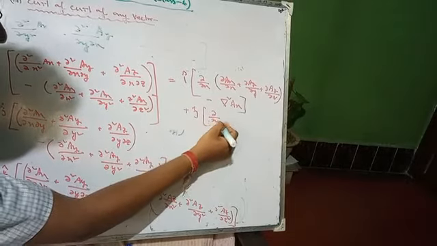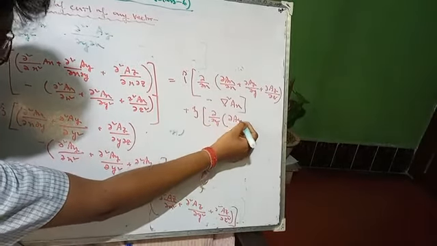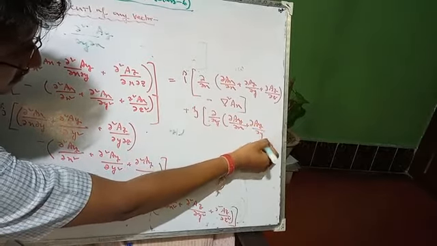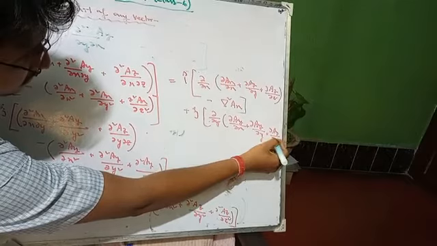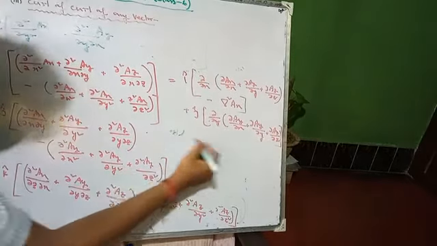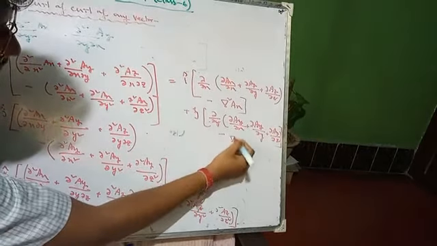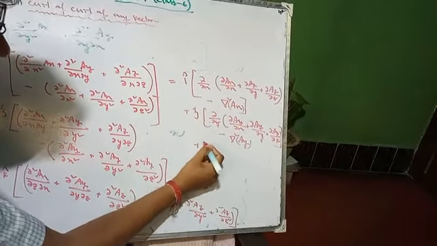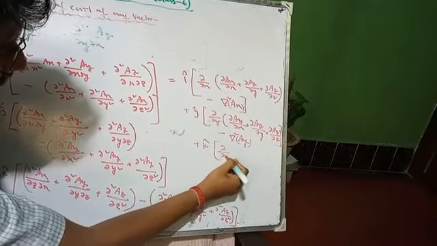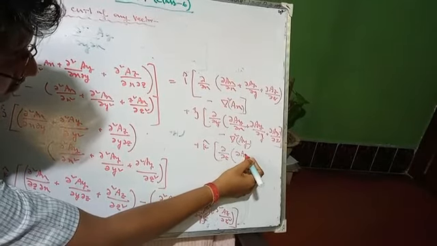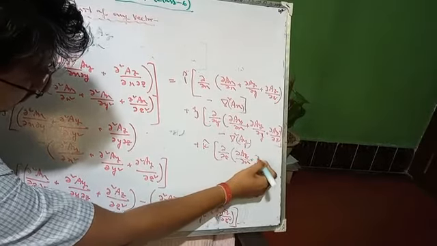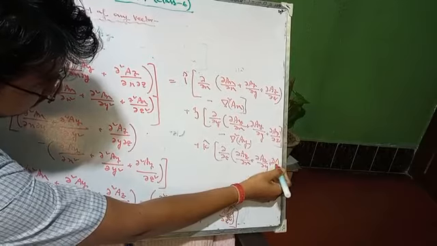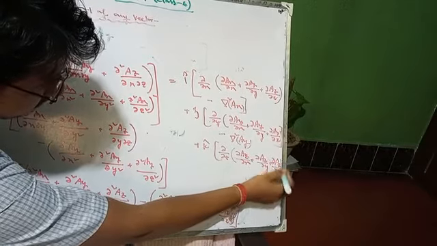Similarly, from the second one, if we take ∂/∂y common, then what happens? ∂Ax/∂x plus ∂Ay/∂y plus ∂Az/∂z, okay, and minus Laplacian of Ay. And k cap also, ∂/∂z taking it common, ∂Ax/∂x plus ∂Ay/∂y plus ∂Az/∂z, okay.